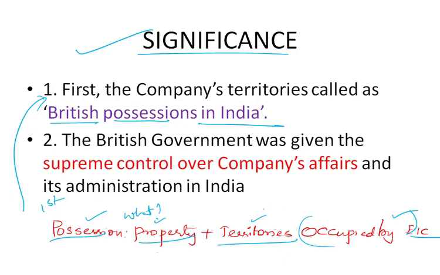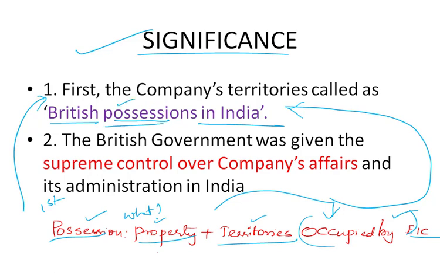Whatever property or territories were possessed by the East India Company were taken by the British government, and after this act they were known as British possessions in India. And the second significant feature is that the supreme control over the company's affairs and administration was taken by the British government.